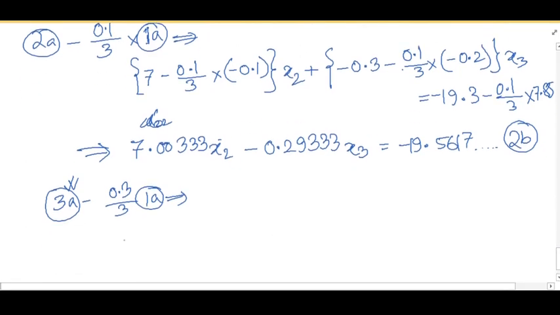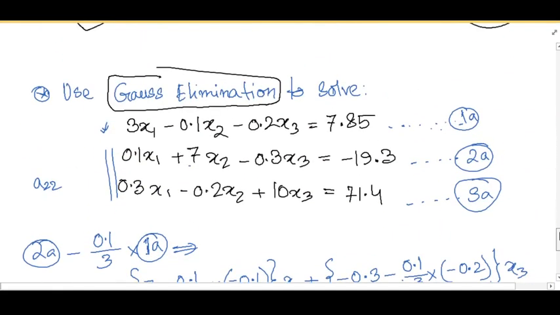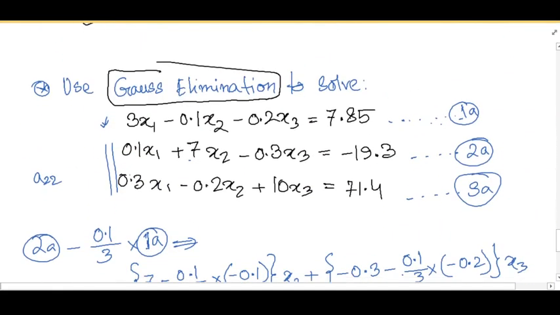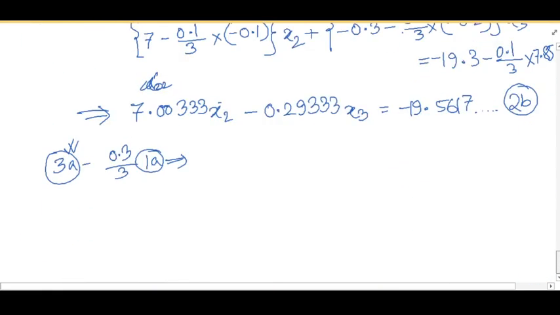And it will give you what? I'm just writing it as a whole. This will be cancelled out, this one will be modified as well as this one. You should do these calculations on your own to verify that I have calculated correctly. If you find something wrong, correct it on your own.